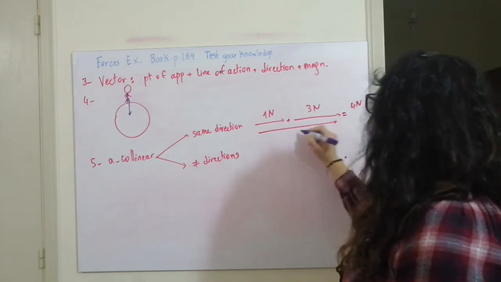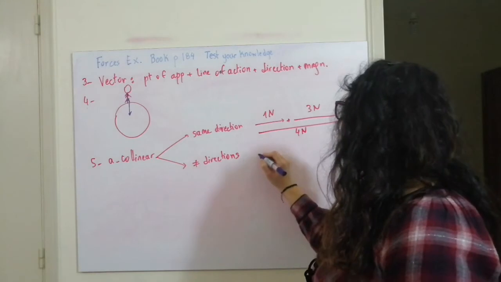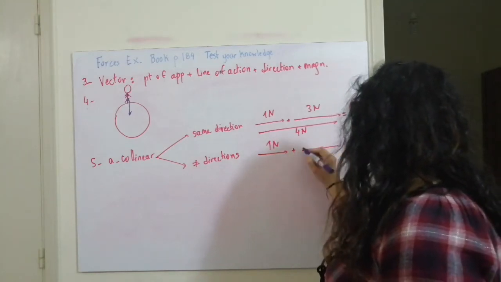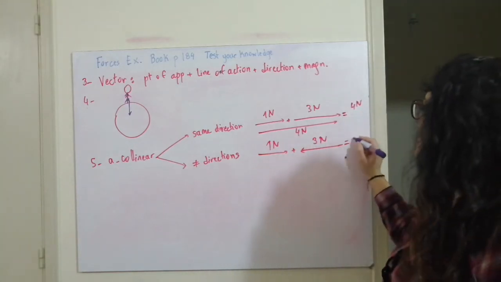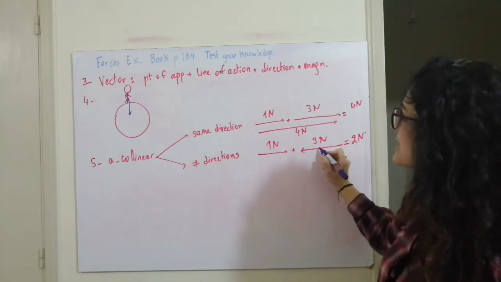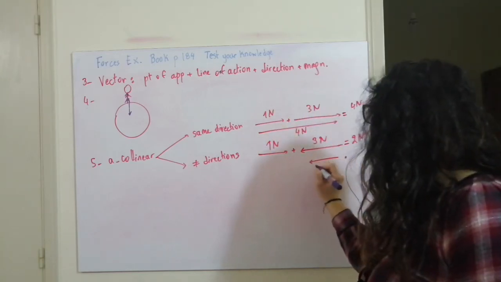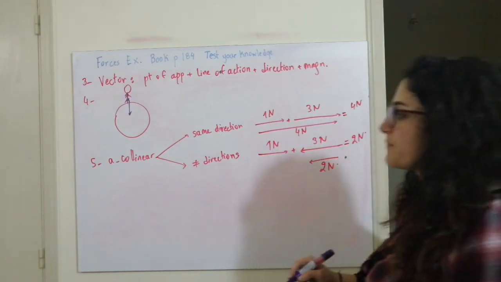Should be like this. If they have different direction, this is 1 Newton, this is 3 Newtons. So the resultant is going to be 2 Newtons, and it will take the direction of the biggest one, which is like this. We will subtract them.